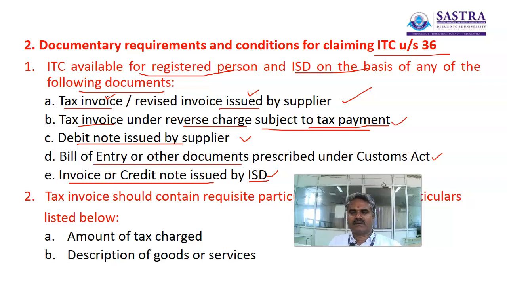And other than these, the tax invoice should contain the requisite particulars, at least the particulars listed below. When you show this is the tax invoice, it must have relevant information: date, your registration number, quantity, rate, how much discount they have given, everything.